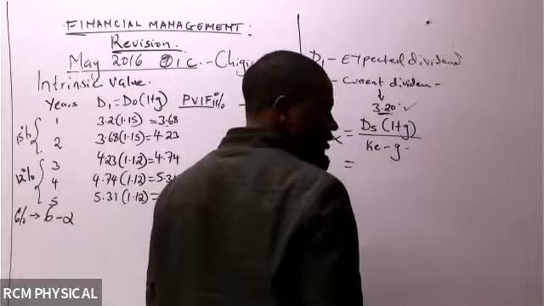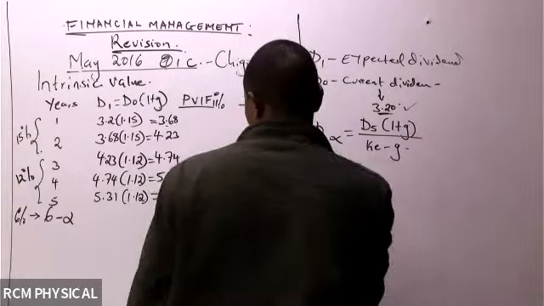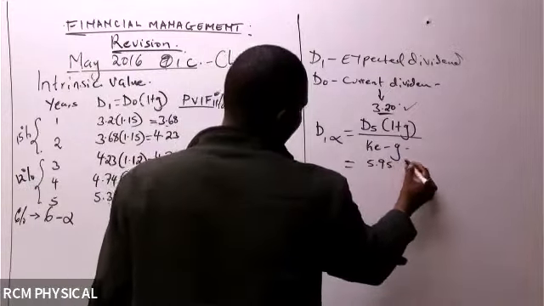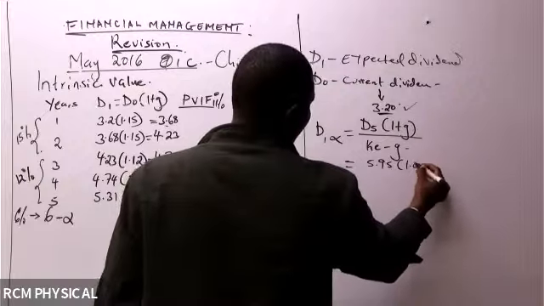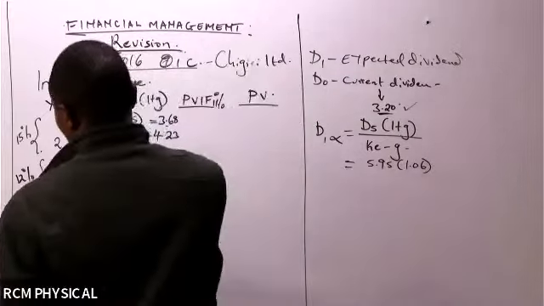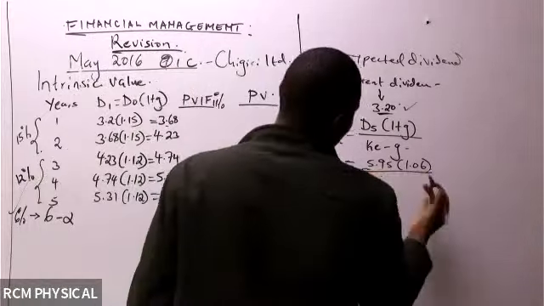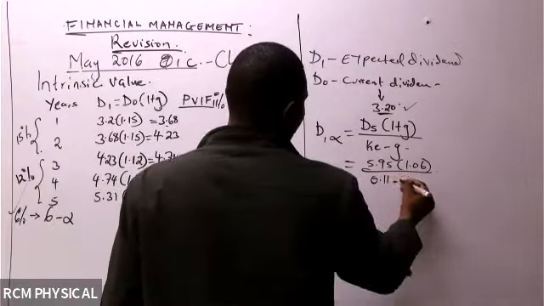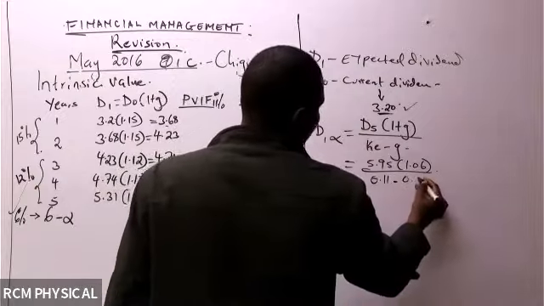So the previous year is this 5.95. This is where many people make mistakes. 1 plus G, where G is 6%. You see, the G at infinity is 6%. And then you divide by what? Ke is 11% minus 0.06.